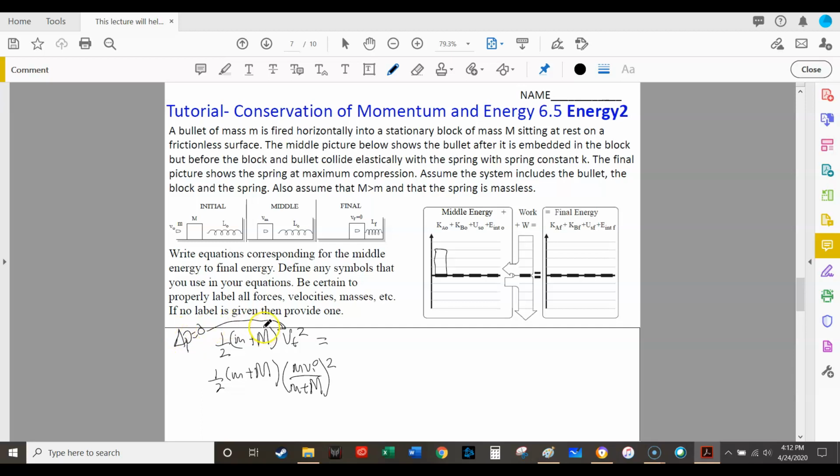So now it has kinetic energy, which we'll call 3 blocks of kinetic energy, and the spring is going to do work and bring it to a stop. This is equal to 1/2 k x squared.